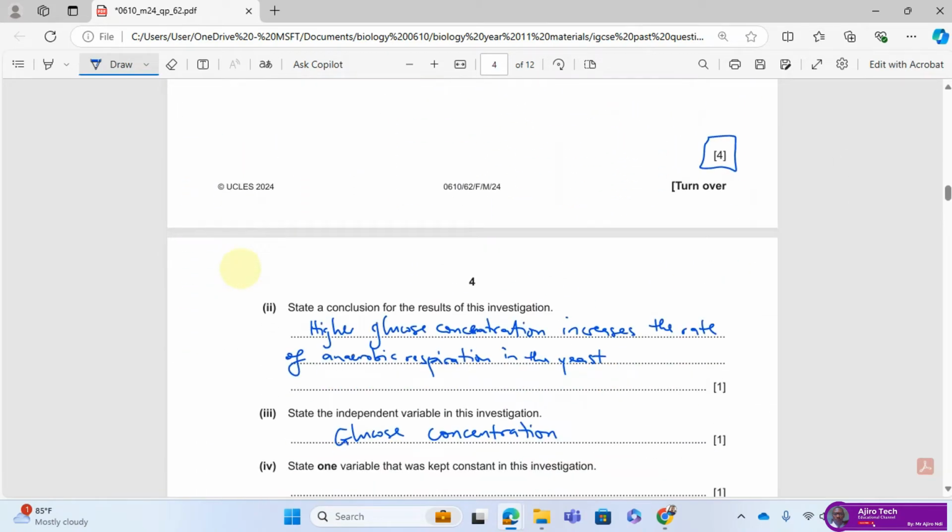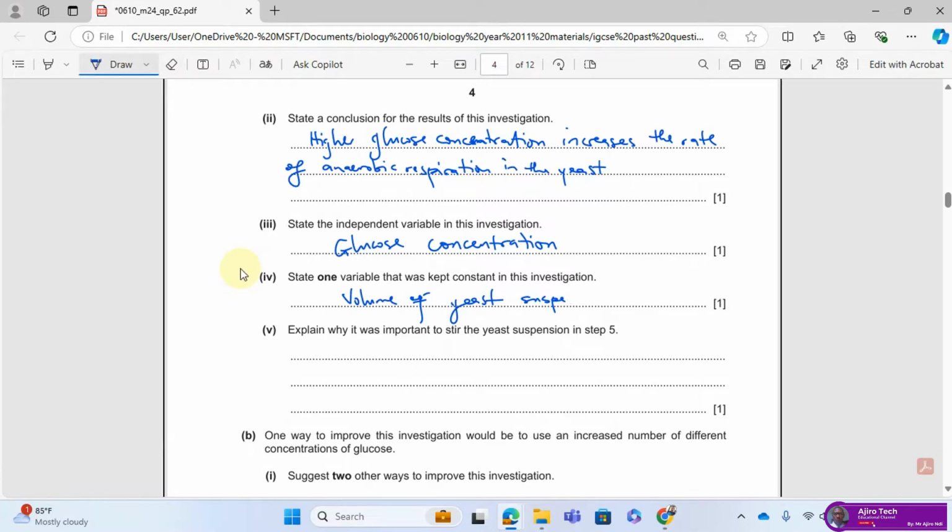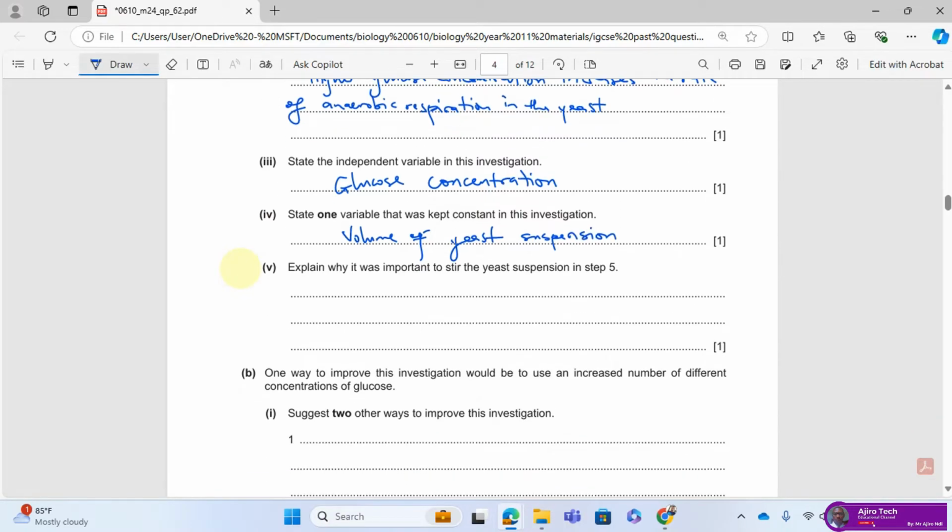So let's put one of those down. And it says, so we can say volume of yeast suspension used. The other one says explain why it is important to stir the yeast suspension in step 5.